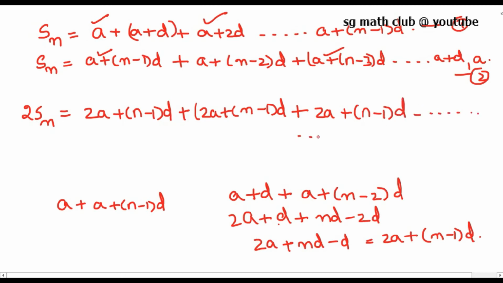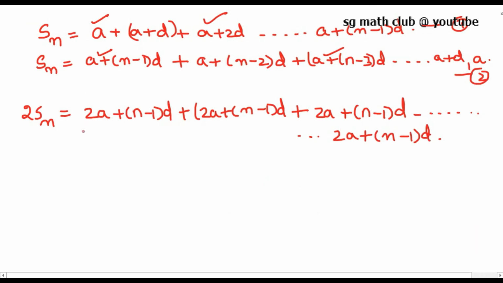So I will be getting n times 2a plus n minus 1 into d. In the previous example we have seen that 11 is repeated 10 times because we are finding the sum of the first 10 natural numbers. Here we are finding the sum of the first n terms, so 2a plus n minus 1 into d will be repeated n times.